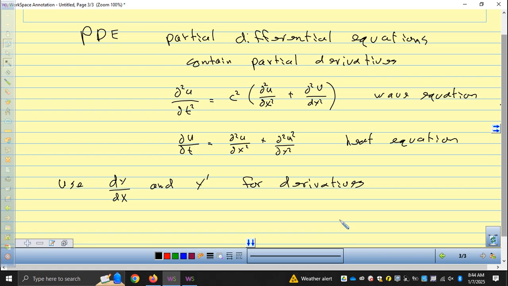So we'll use both notations. The D notation came from Leibniz, and the y prime notation came from Lagrange. And the Newton notation for time derivatives uses dots above the variables.